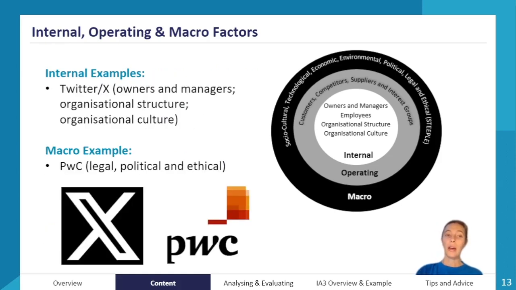A few other examples. In terms of internal, Twitter, now called X, had some problems when Elon Musk took over, and you could consider that internal things led to decline. The business may not have continued to decline, but it's probably not as strong as it used to be. The different things that went into that: owners and managers.